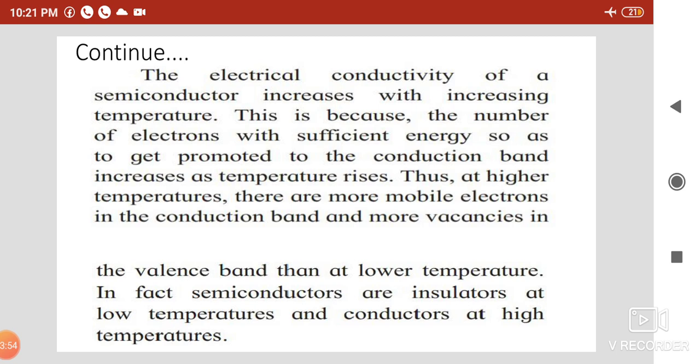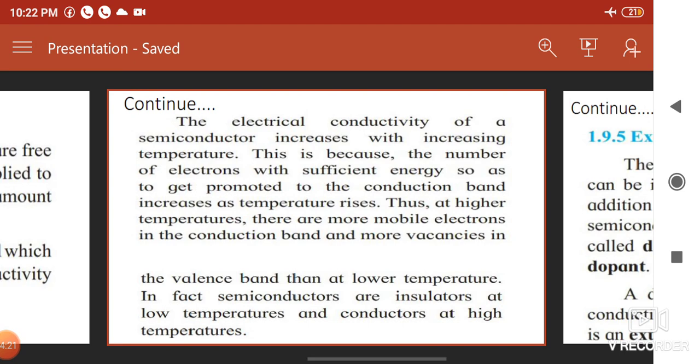At high temperature there are more free, mobile electrons in the conduction band, and so it creates more vacancies in the valence band. So it shows conductivity at high temperature. So I told you semiconductors are actually insulators at low temperature and conductors at high temperature.